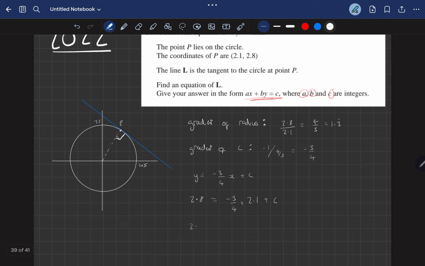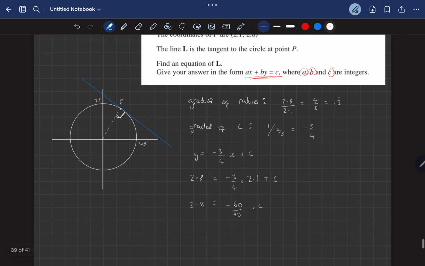So 2.8 is equal to, what is -3 over 4 times 2.1? Sorry, one second. -3 over 4 times 2.1. We have -60 over 40 plus c.